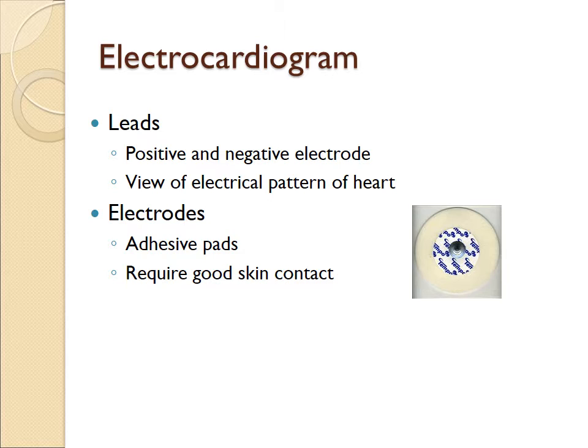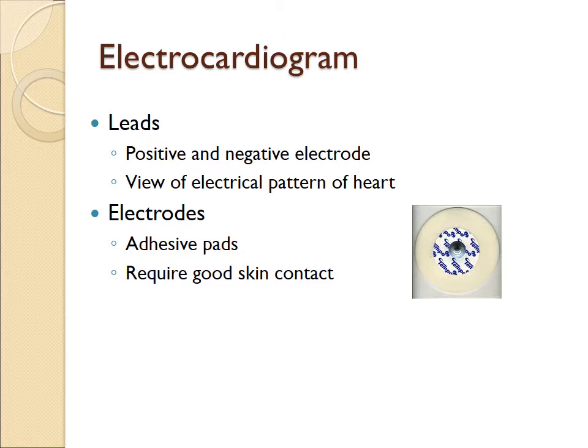Electrodes are adhesive pads that contain a conductive gel and are attached to the skin of the patient. We need to have a good ECG signal, so this means that it has to have good skin contact. So sometimes on a diaphoretic patient we have to wipe them down, sometimes use some alcohol and try and cool it off and dry it up.